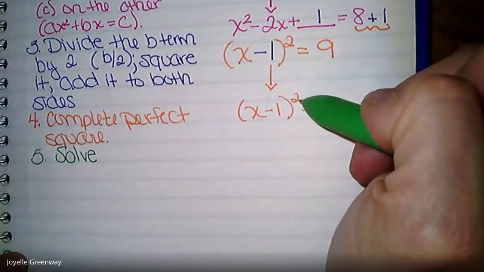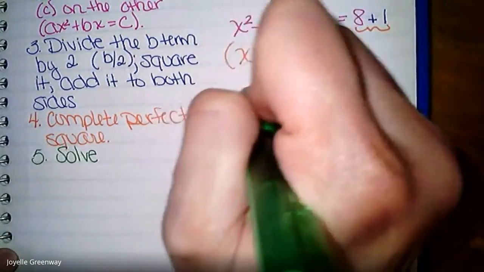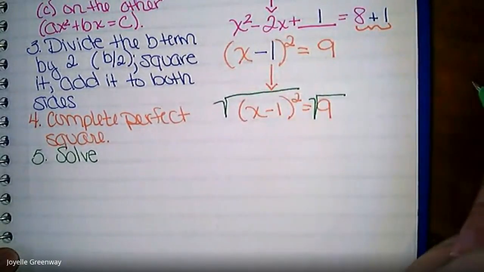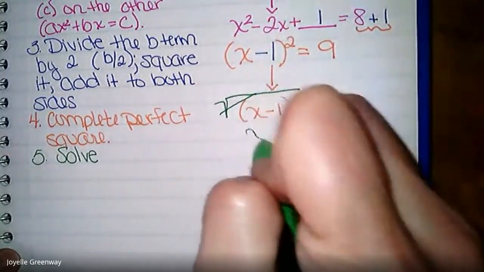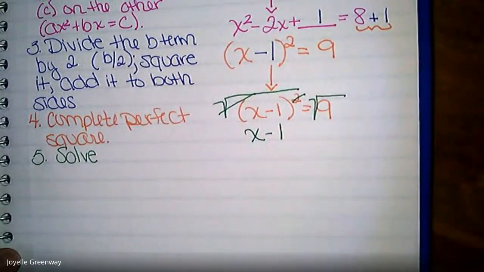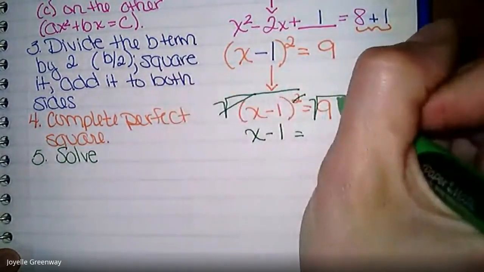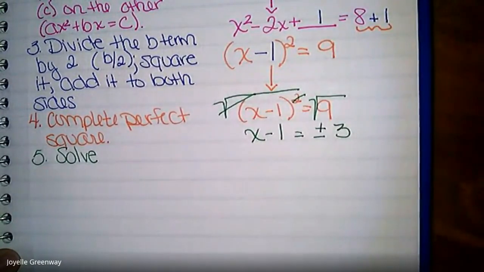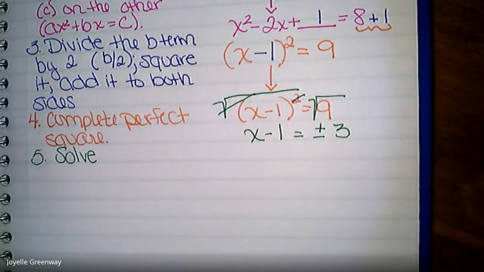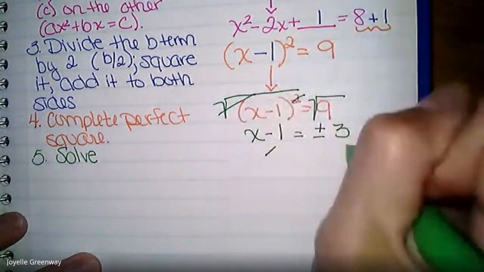So to undo a square, I take the square root, okay? So when I take the square root of x minus 1 squared, I just have x minus 1 equals the square root of 9, which is plus or minus 3, right? Positive 3 or negative 3, okay? So you're saying to yourself, okay, Mrs. Greenway, when we factored, we got 2 answers. You're right, we did. So I need 2 answers here as well.